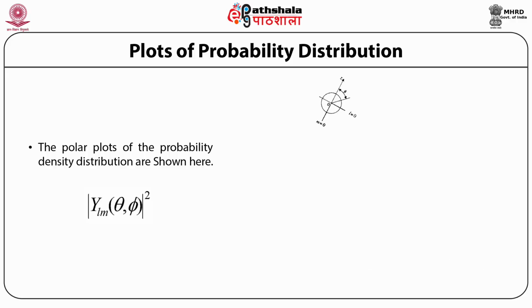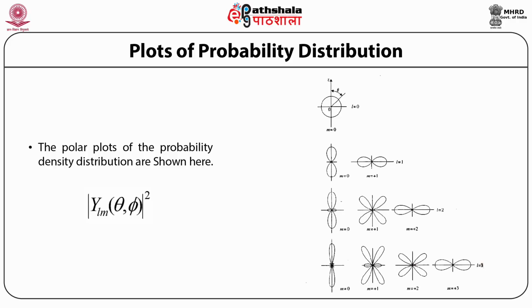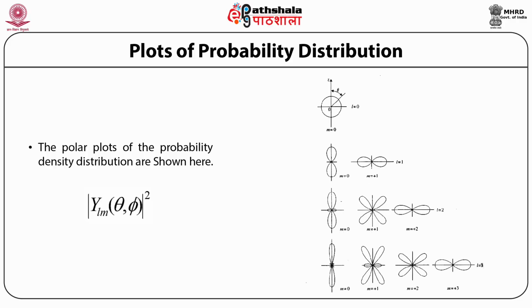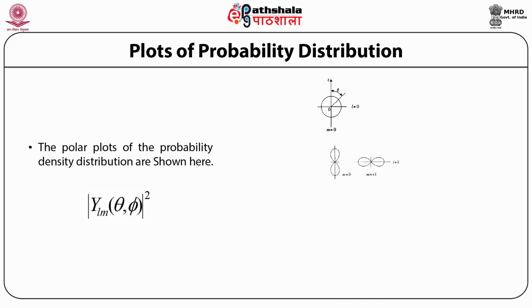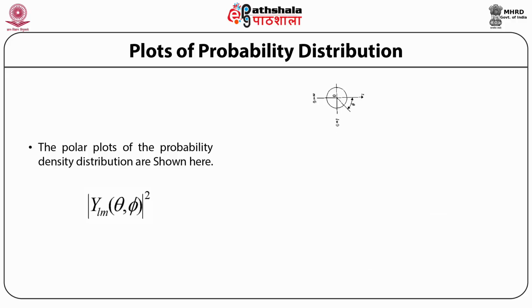The second plot denotes two cases corresponding to L equal to 1. For L equal to 1, m can be equal to 0 or plus minus 1. Here the case considered is m equal to plus 1.